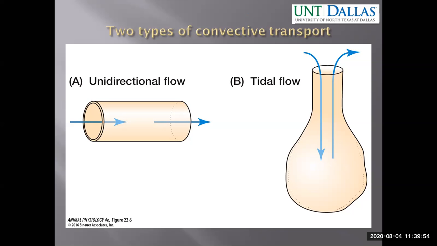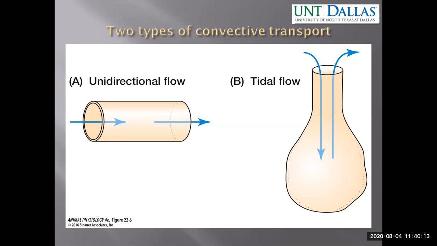This sort of model applies, for example, to oxygen transport by blood flow through the arteries of animals, because arteries basically act as conduits, neither adding oxygen to the blood passing through them nor removing oxygen.